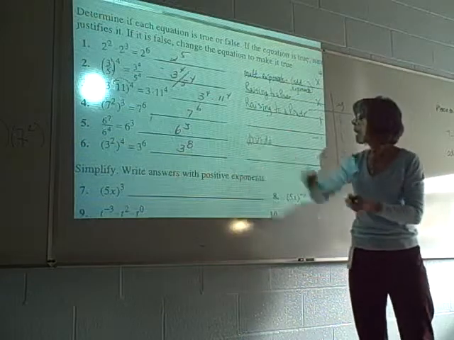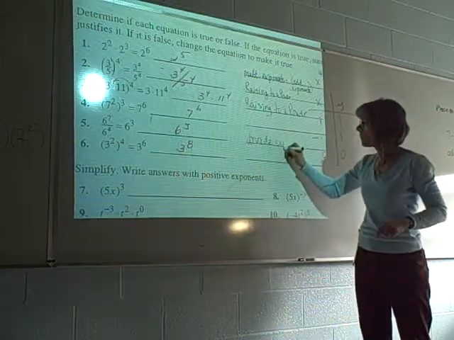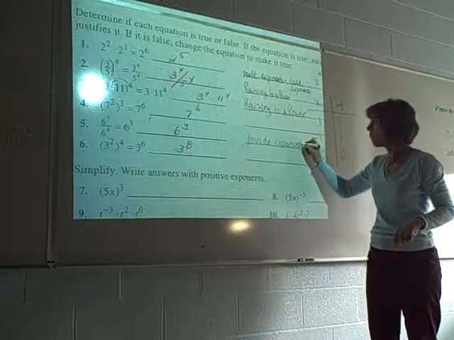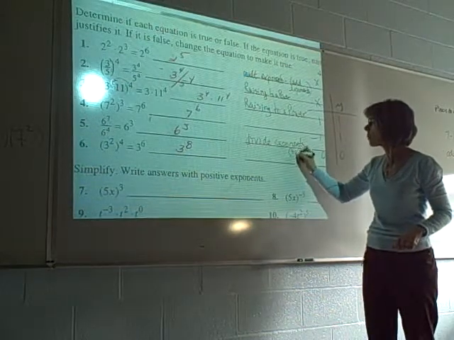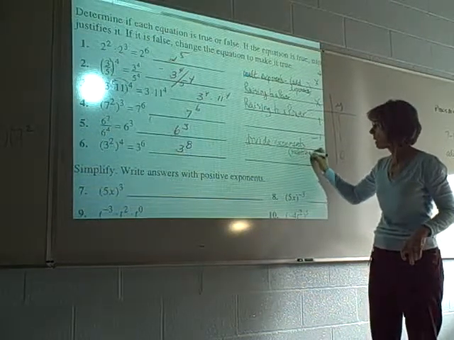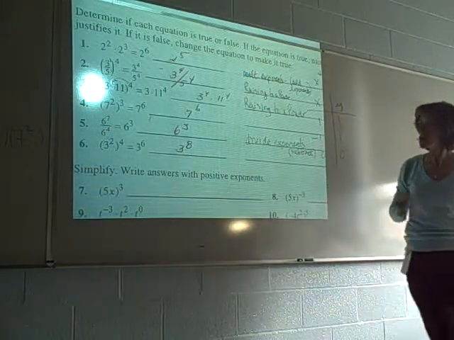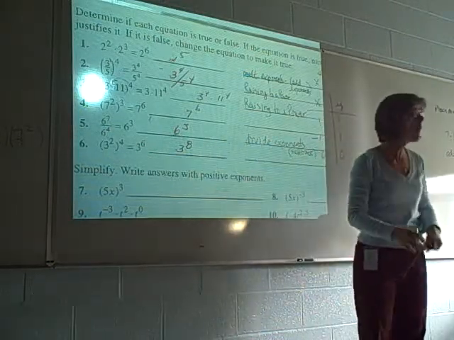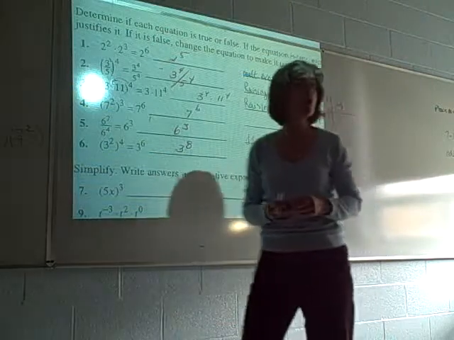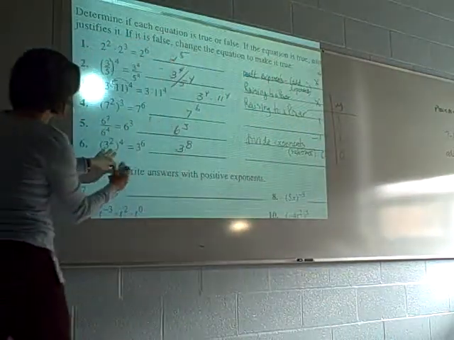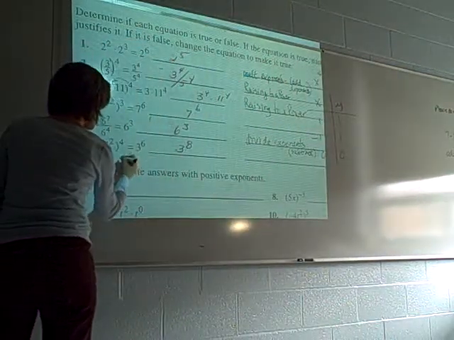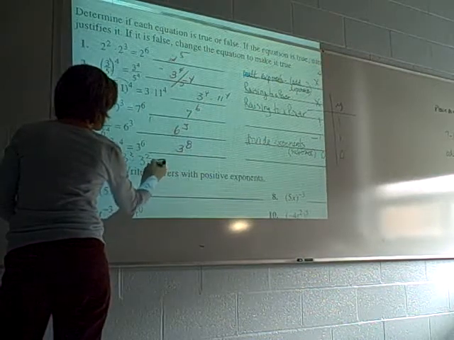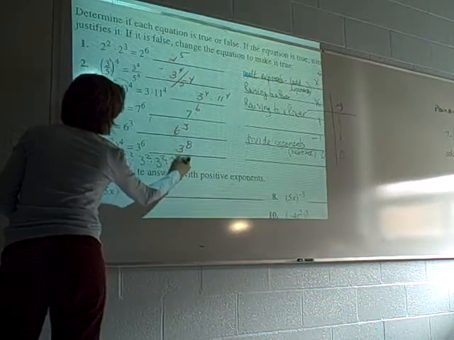This one, when we divide exponents, we do what? Okay, when we divide exponents, we subtract. And this one was raising to a power. So if you're not sure, the easiest thing to do is just say 3 to the 2nd times 3 to the 2nd times 3 to the 2nd times 3 to the 2nd.